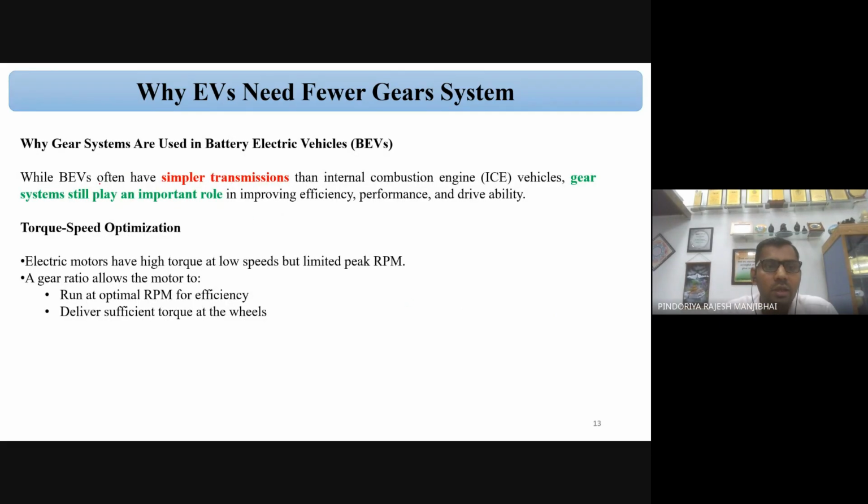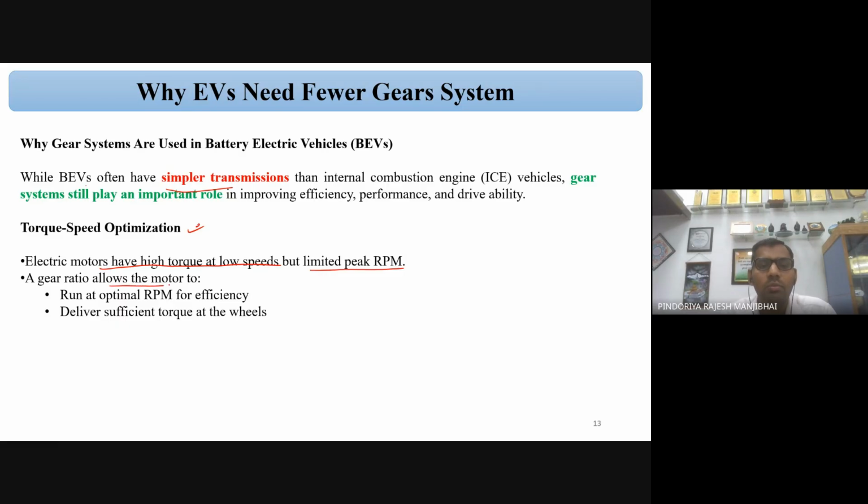While EV battery operated vehicles often use a single transmission system, which we already discussed, in theory form we can say torque speed optimization. Electric motors have higher torque at low speed, but are limited to the peak RPM.